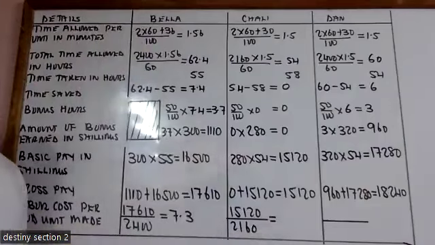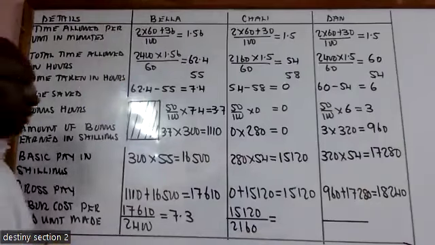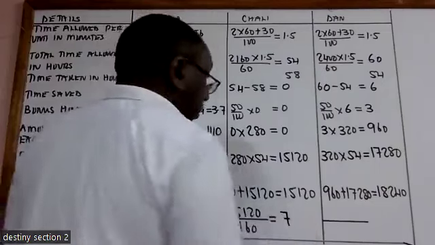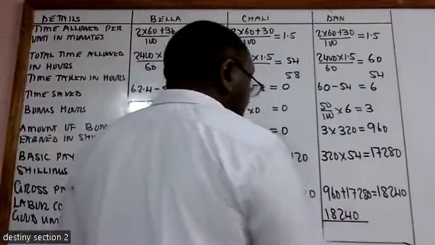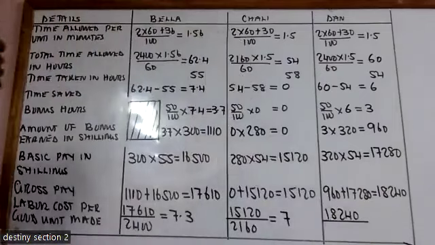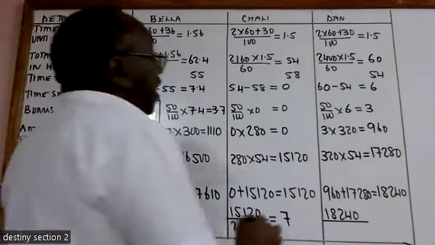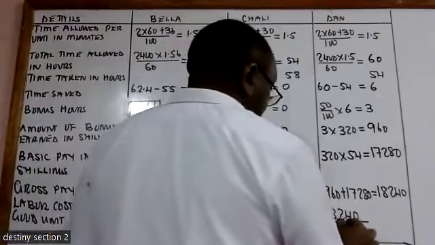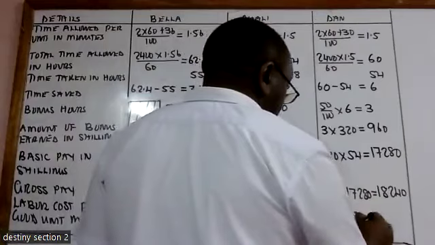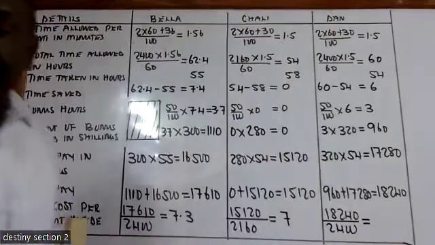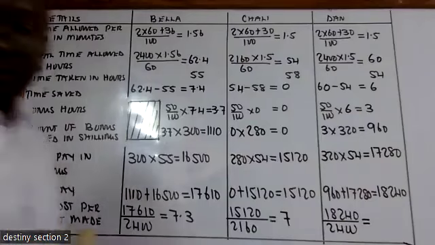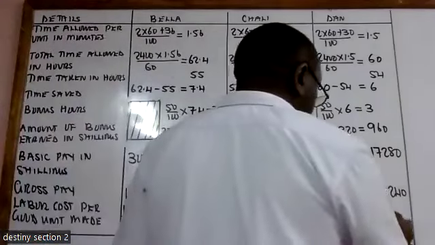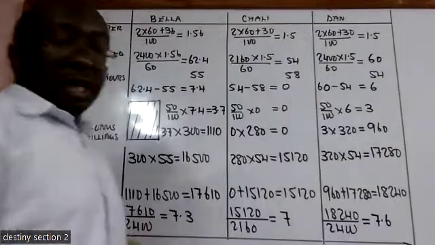For Charlie ni 7. Then 18,240, the good units are 2,400. $7.6.